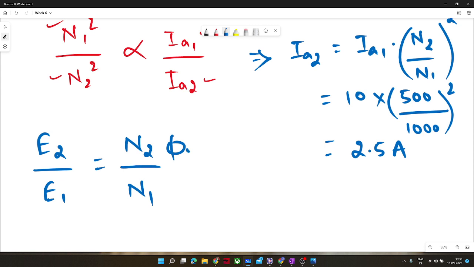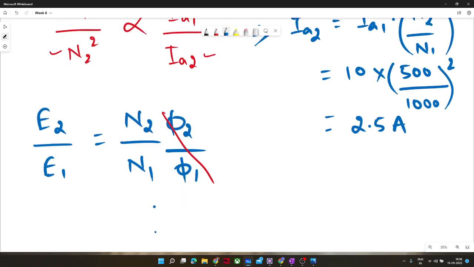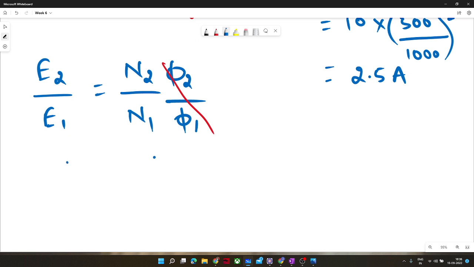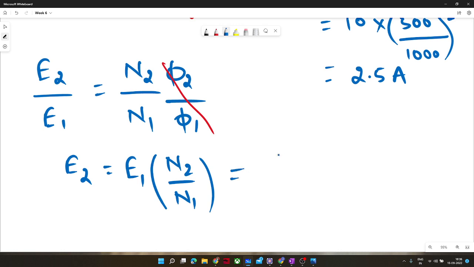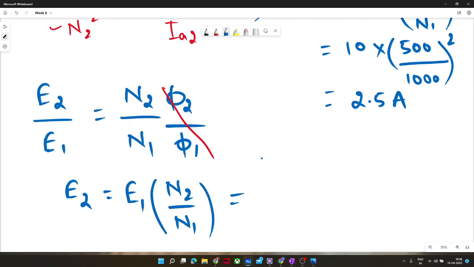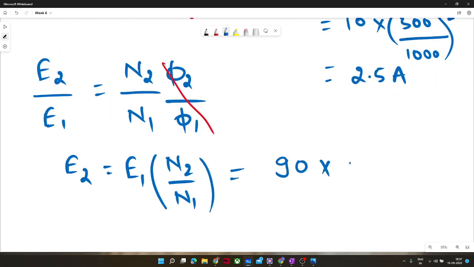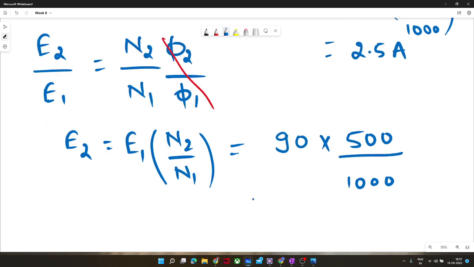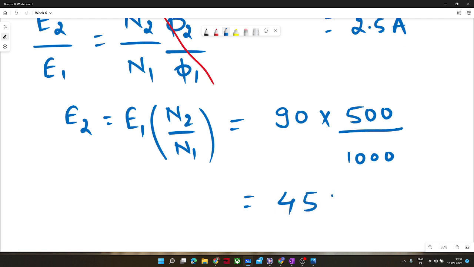Even if you take phi2 by phi1, it is the same, so it will cancel out. So E2 will be equal to E1 into N2 by N1. E1 we calculated was 90 volt, so 90 into 500 divided by 1000 comes out to be 45 volt.